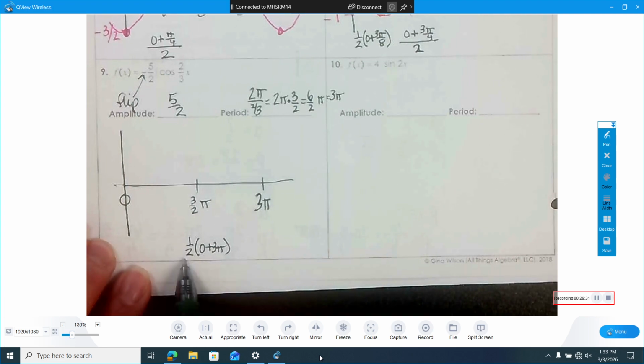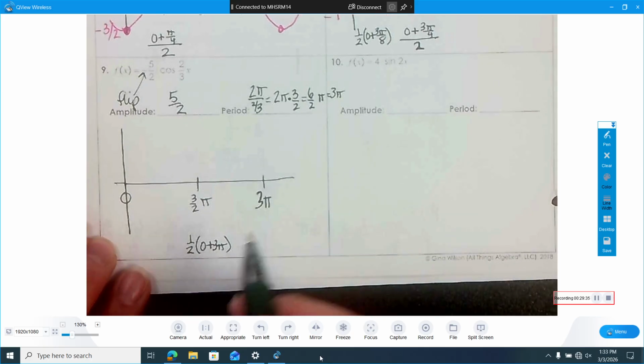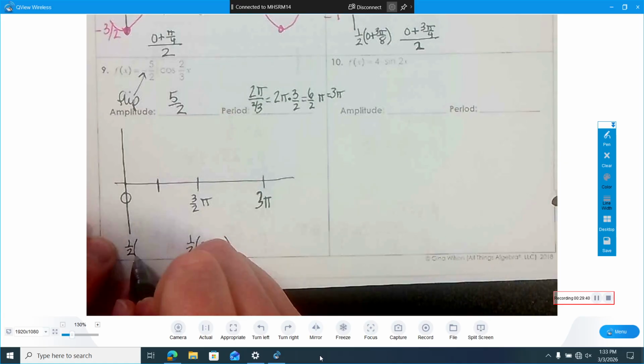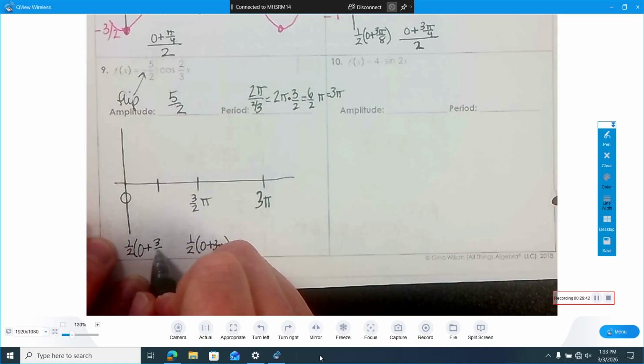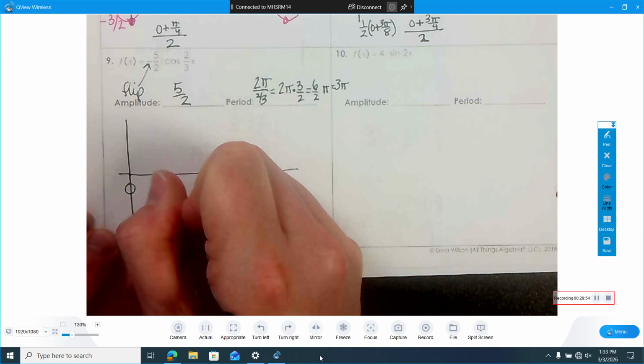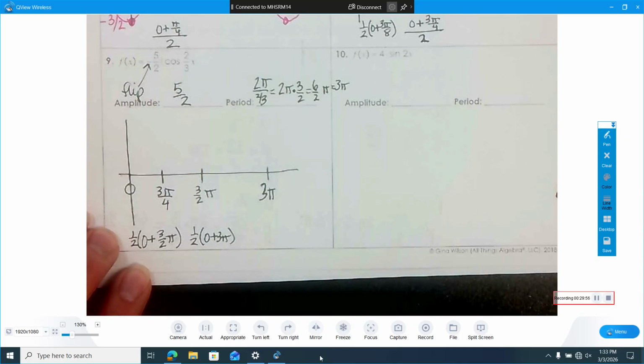I encourage you to write this down because this will help later. Write that little cheat code right there. All right, and I get the halfway point here. That one is halfway between 0 and 3/2 pi is 3 over 4 pi. 3 pi over 4. Yep, you just multiply straight across when we write it like this. That's easy. This is the easy way.